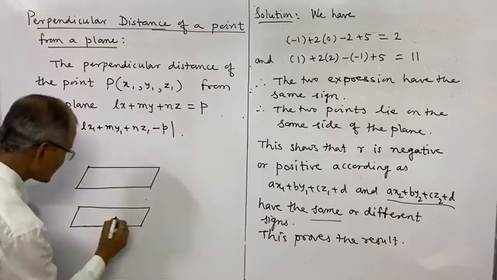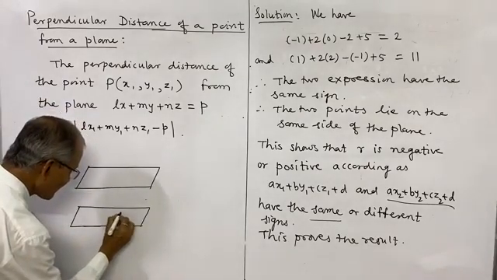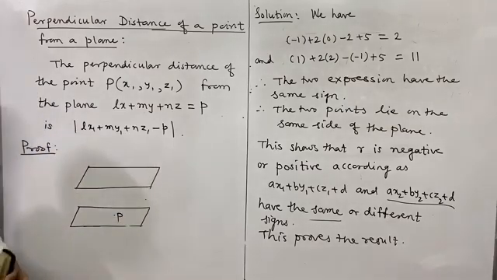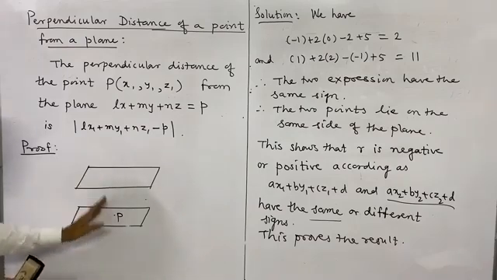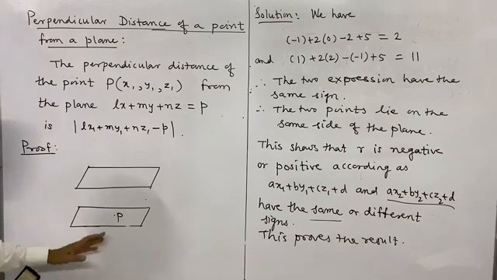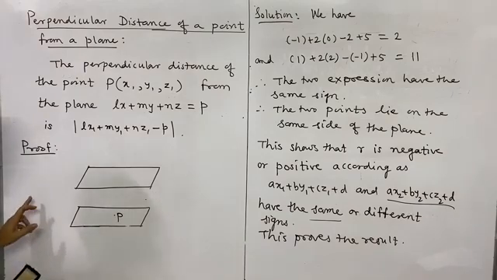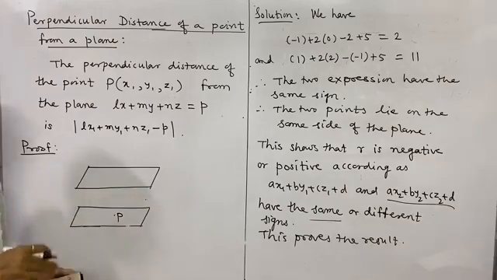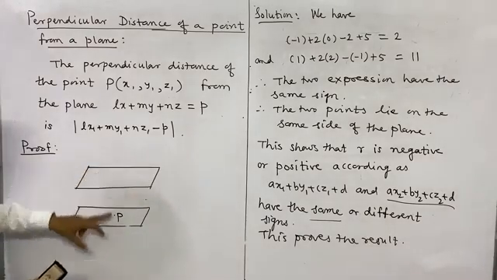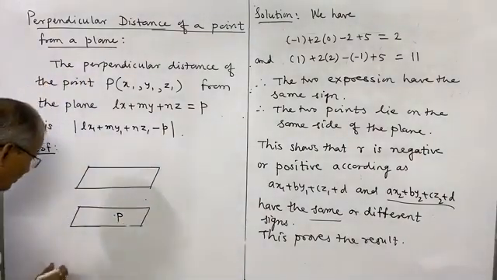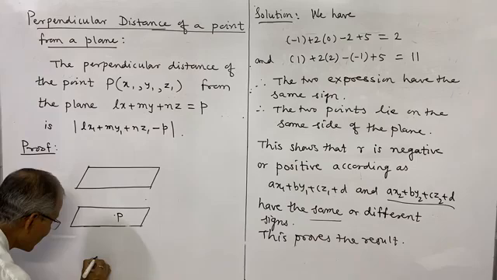Now suppose this is a point P here, or anywhere we can take the point P. What we are going to do is consider a perpendicular from the origin to both the planes. It is not necessary that the origin is here, it may be elsewhere, and we can extend the planes. Since the two planes are parallel, we draw the perpendicular from the origin to the planes, and the whole figure can be rotated, so I shall take the origin at this place.